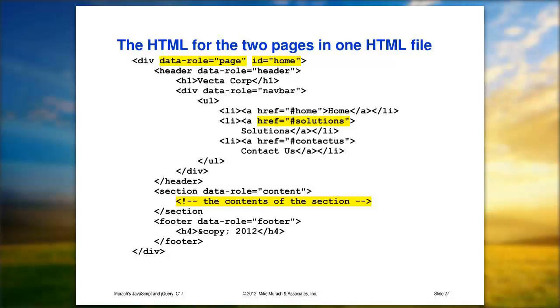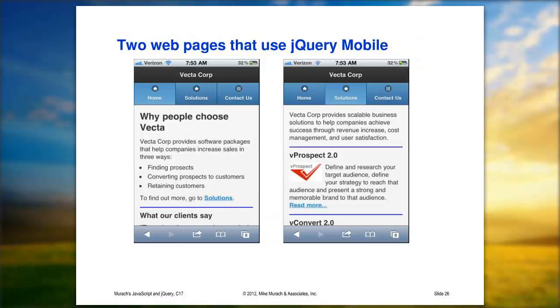First div, data-role equals page, ID equals home. And notice in the second div, data-role equals navbar, and there's our UL. So there's our navigation. So if I go back, there's the page on the left. All right, very simple layout. Data-role equals header. We'll lay out the Vecta Corp logo that we see on the top, in the screenshot on the left.